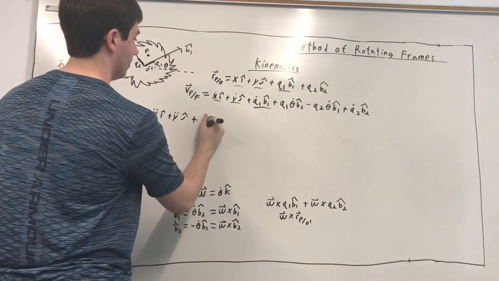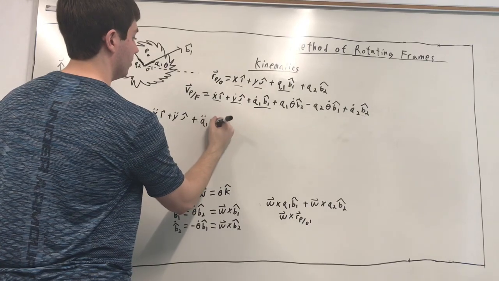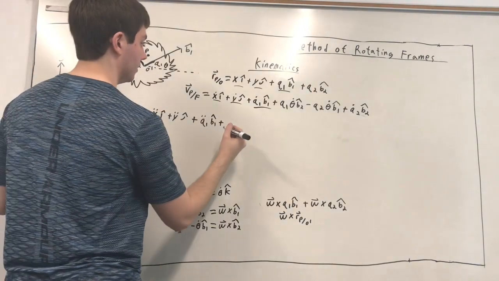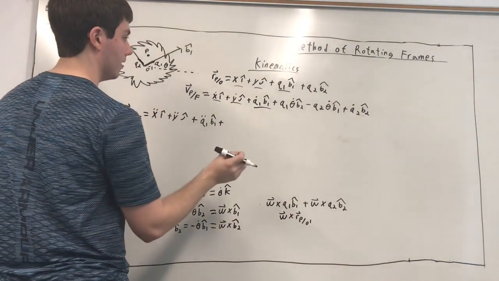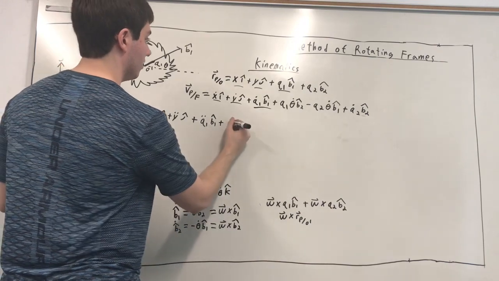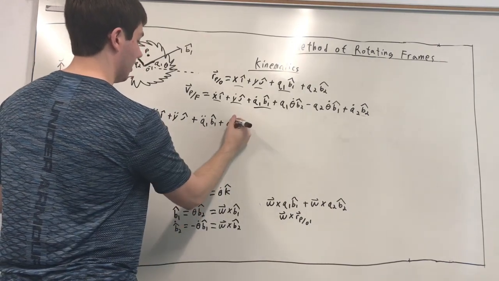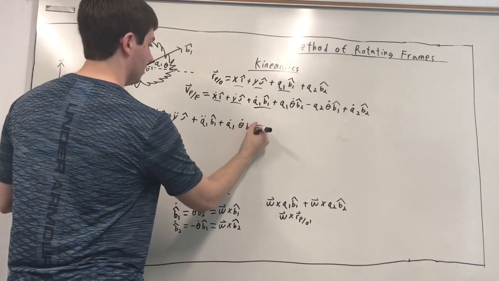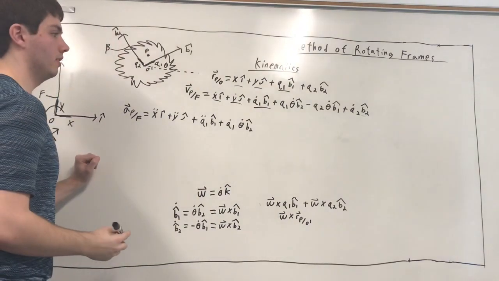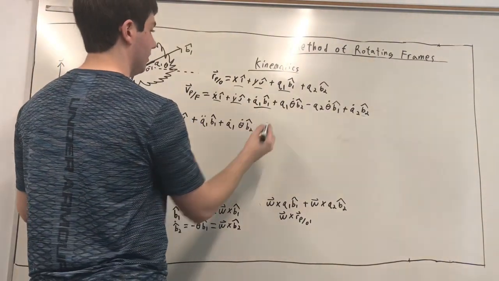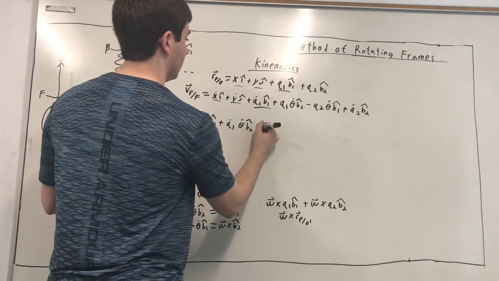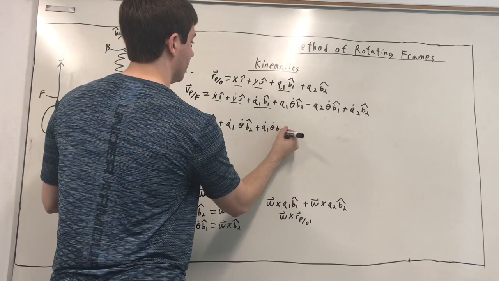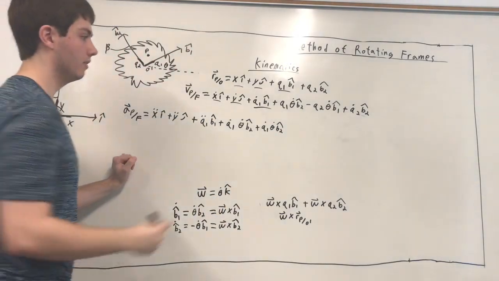You got Q1 double dot B1 hat plus, look down here, and you got Q1 dot theta dot B2 hat. Alright, so that term's covered. Now let's move on to this guy. You got plus Q1 dot theta dot B2 hat. Okay.